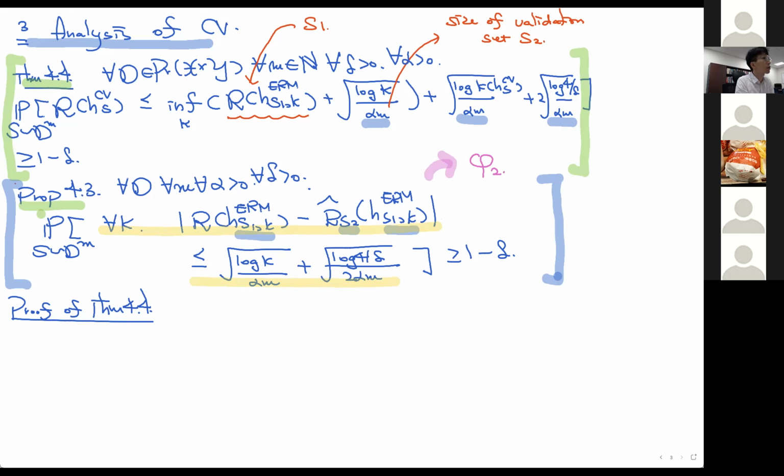And then the whole statement inside the probability, let's call this V1. So this is V2 and V1.